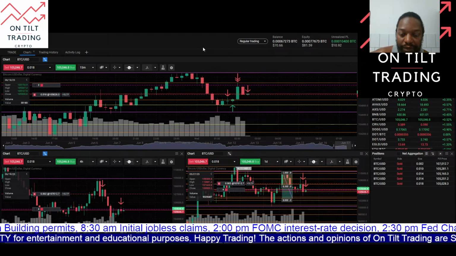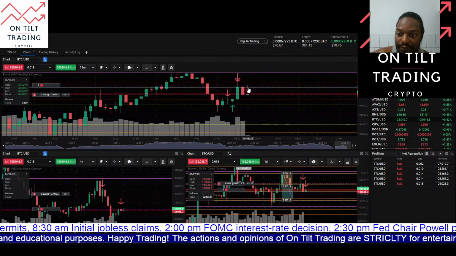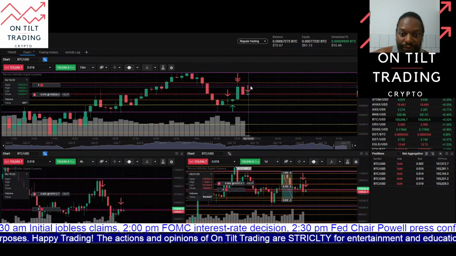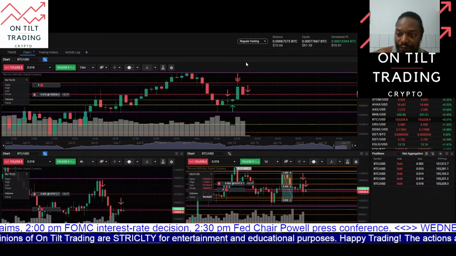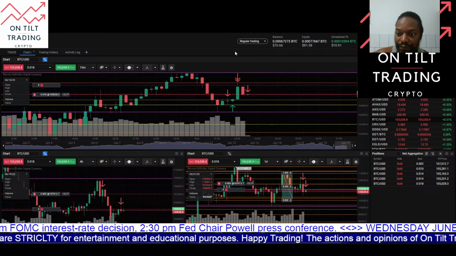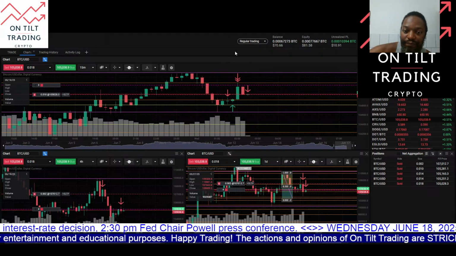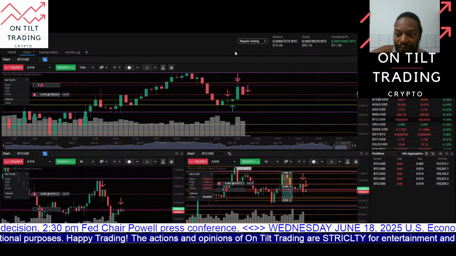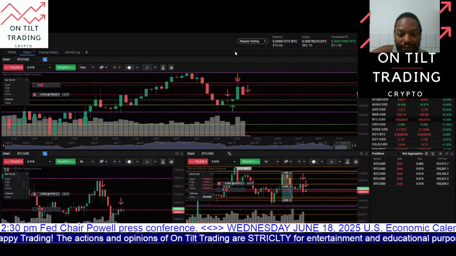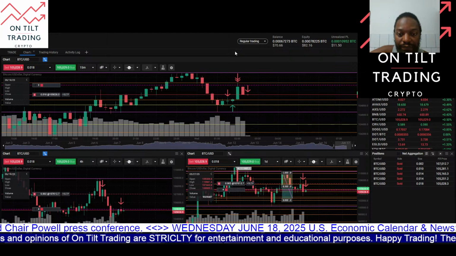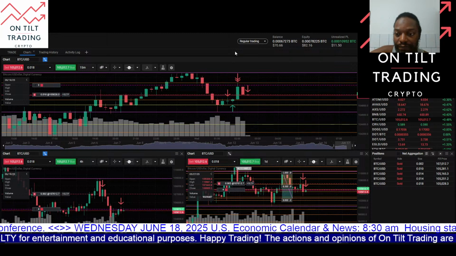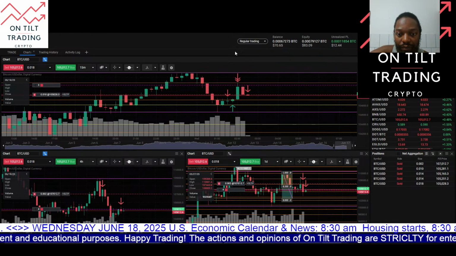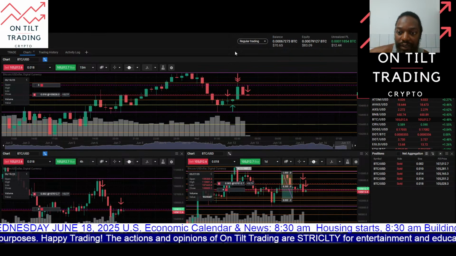New high being put into the candle here. Price consolidating. Price being delivered to the sell side.